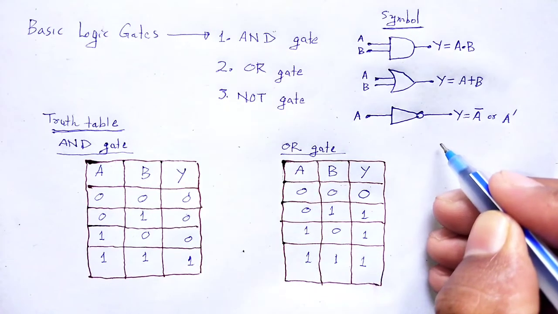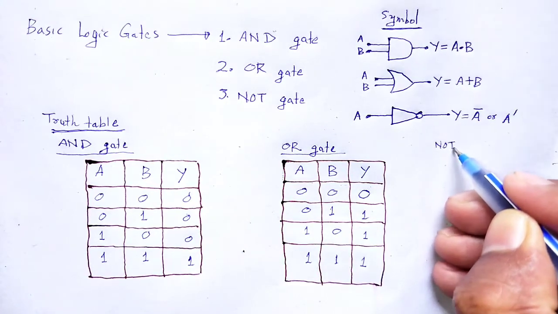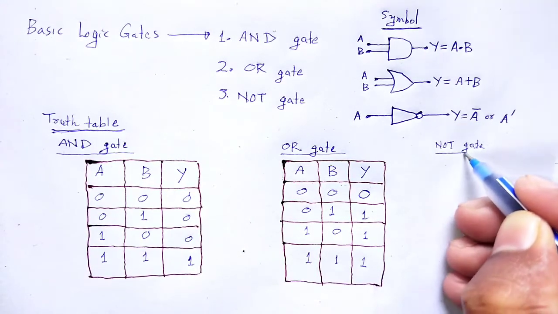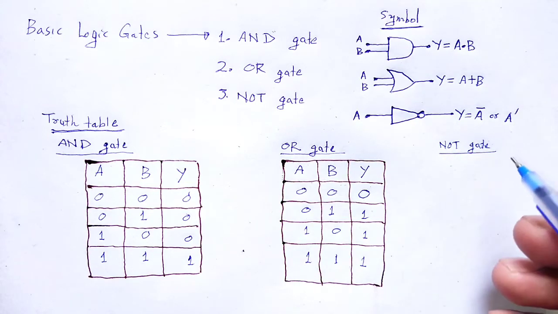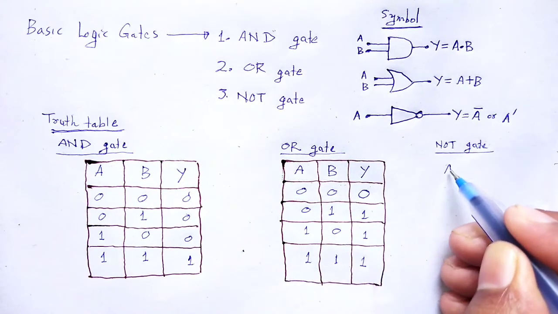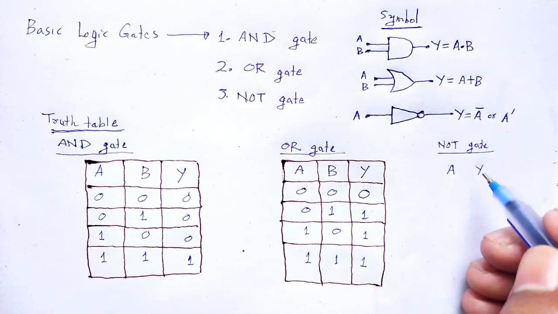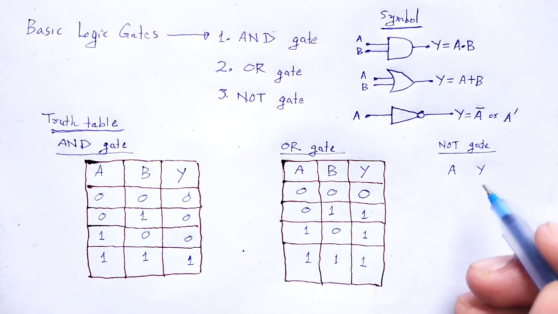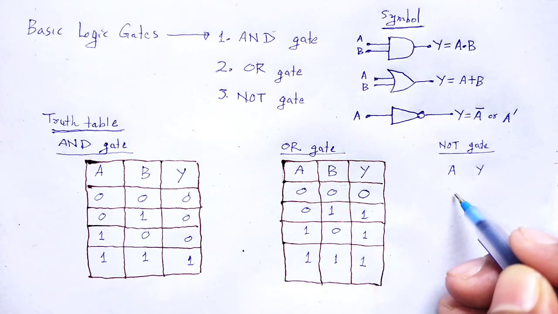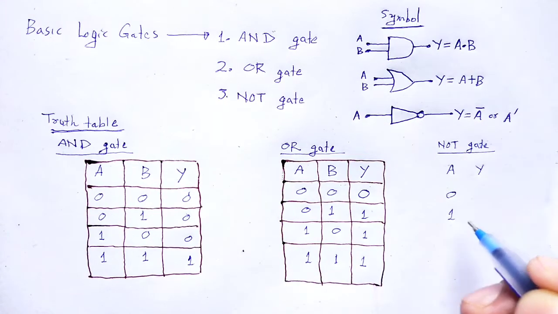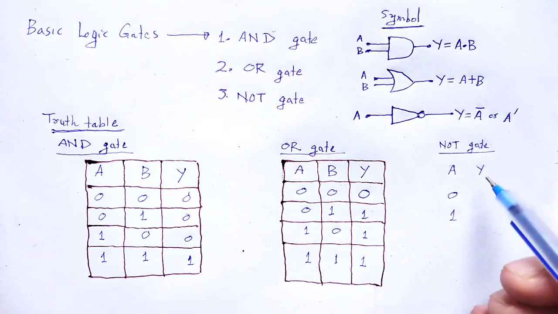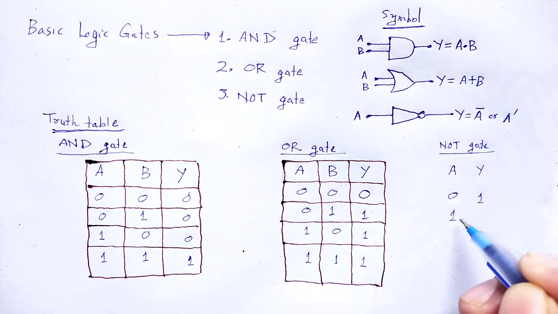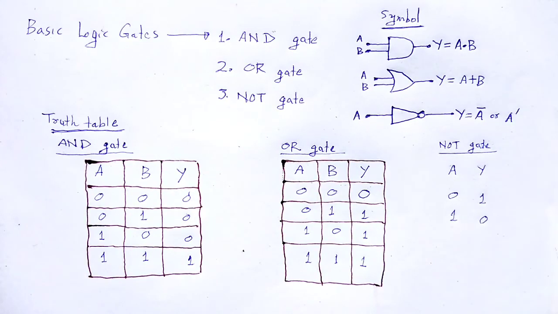Next, for the NOT gate, it has one input and one output Y. So input may be 0 or 1, and the output is just its reverse. When the input is 0 it will be 1, when the input is 1 it will be 0.